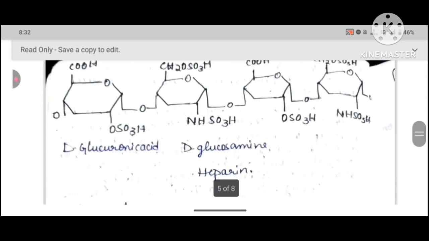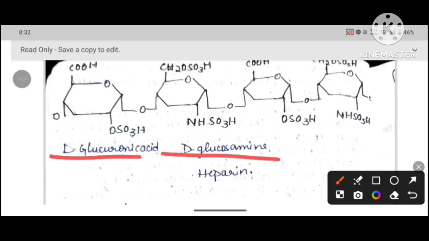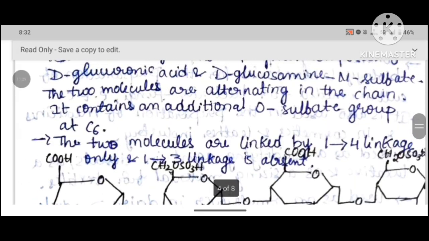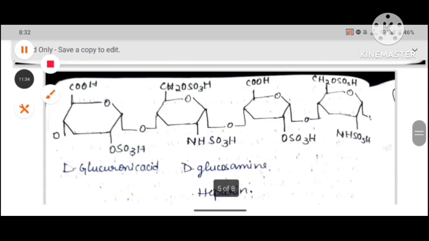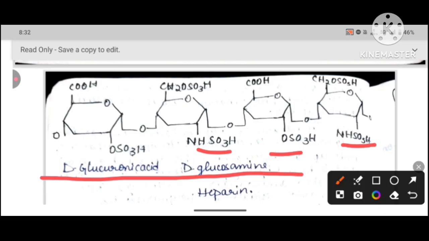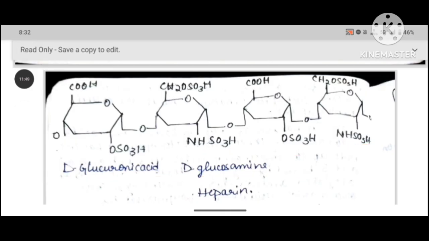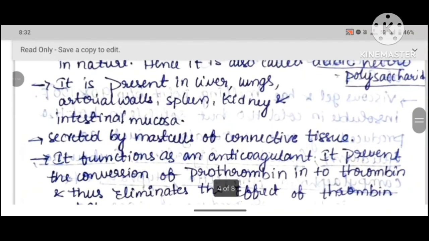Here is the D-glucuronic acid and this is the D-glucosamine, and we have N-sulfate molecules here, sulfates S. This composes the heparin structure. These are some physiological applications of heparin.